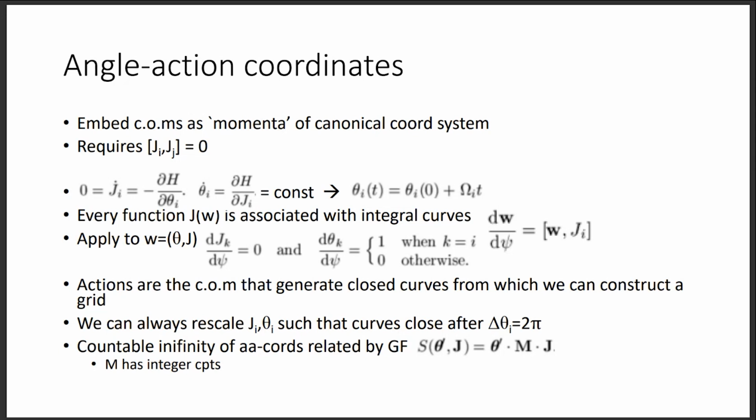We don't want that. We want to construct a useful coordinate system on which the thetas, the conjugate variables, tell us where we are on the surface of constant j. So I want this curve to go on and close on itself.